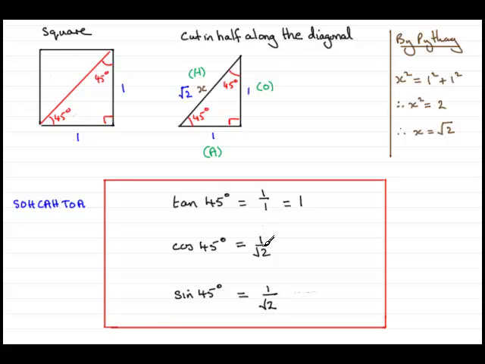Now if you were to check these on a calculator that worked in exact values, you'd find that they have rationalised these. That is, they've got rid of the root 2 from the denominator by multiplying top and bottom of the fraction by root 2. What that gives you is 1 times root 2 is root 2, and root 2 times root 2 is 2. And obviously that's going to be the same result.